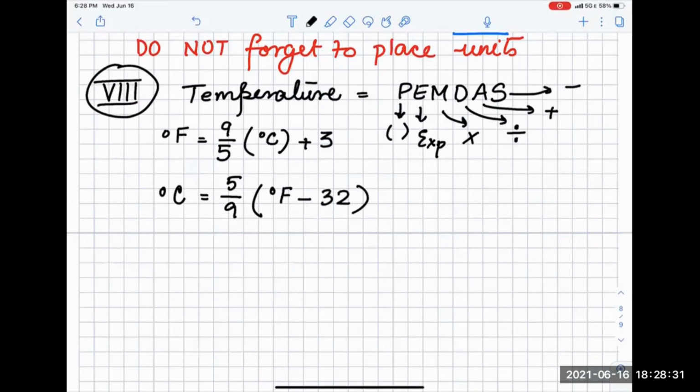And if you're given degrees Celsius, plus 273 converts to Kelvin. If you need to find degrees Celsius from Kelvin, you take the Kelvin figure minus 273. So keep a note of these.